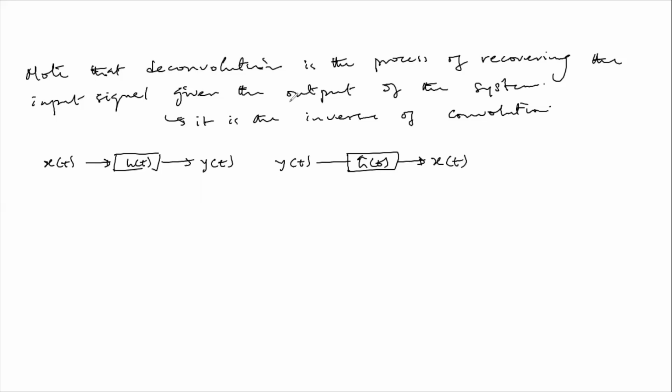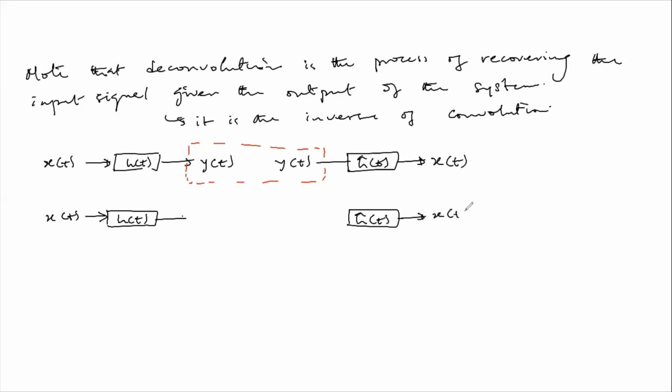You will observe that should we collapse this process as they are equivalent, then we can redraft this entire system to look something like this. S of t going into a system, h of t, and here we have h hat of t giving us the output. Okay.